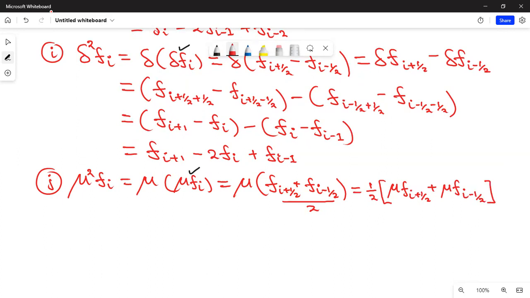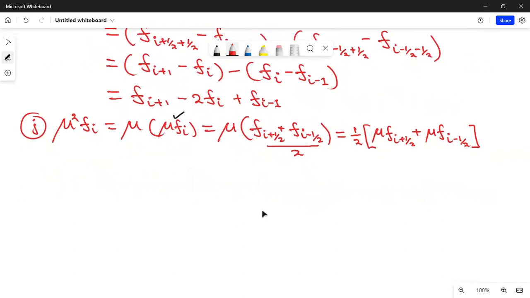And so this can as well be written as, check our definition of the averaging operator. Let's work out the first term. So this is the same as 1 over 2 in bracket. The first term is this one here. Mu of fi plus 1 over 2 again is 1 over 2 times f of i plus 1 over 2 plus another 1 over 2, then plus f of i plus 1 over 2 minus 1 over 2.